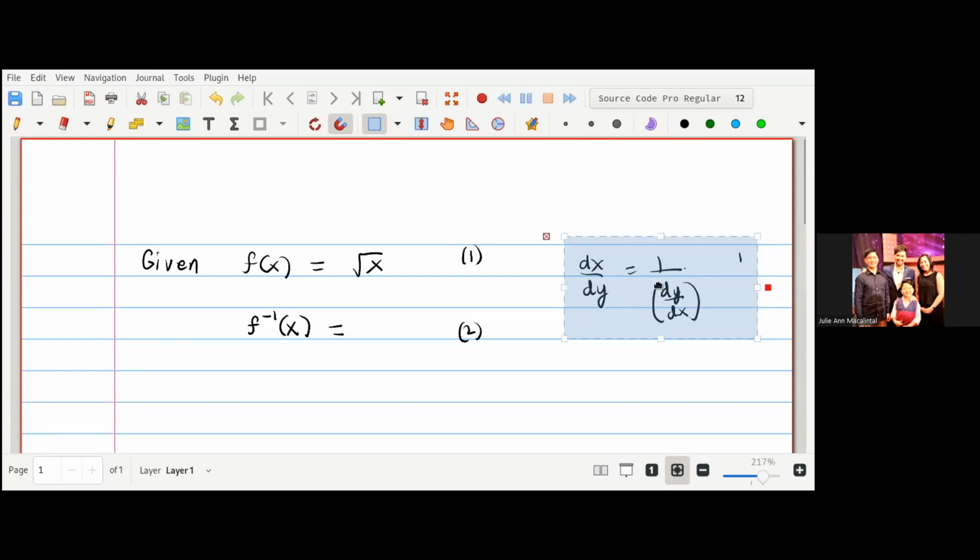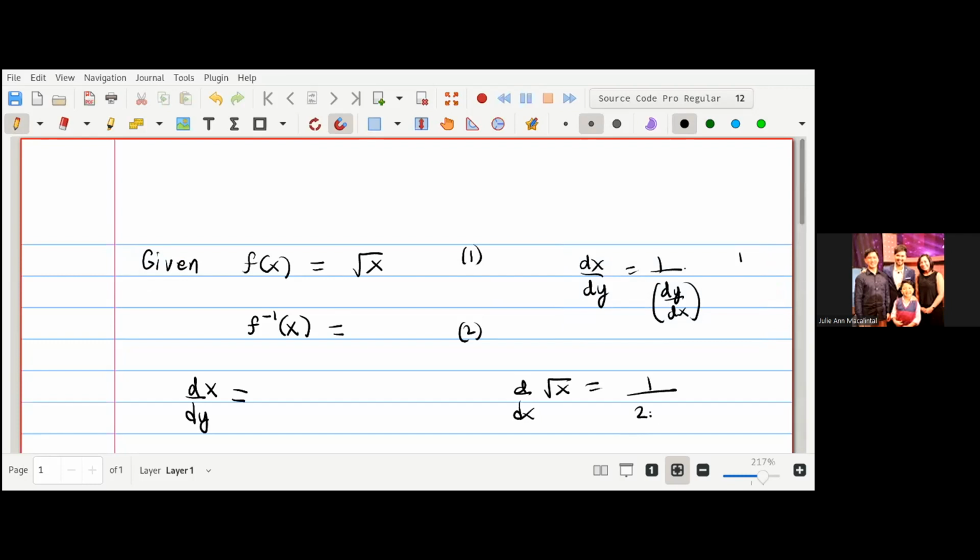So, ito yung function. So, what we need to get is, using f of x equals square root of x, ano yung derivative ng inverse function? So, let's check. So, ang derivative ng square root of x is 1 over 2, so 1/2.